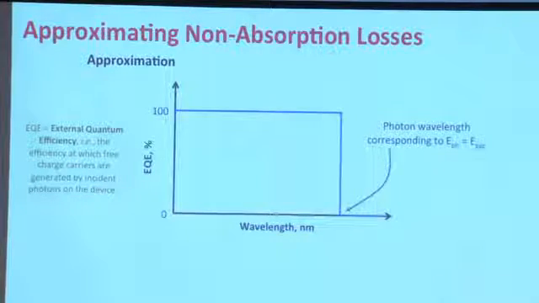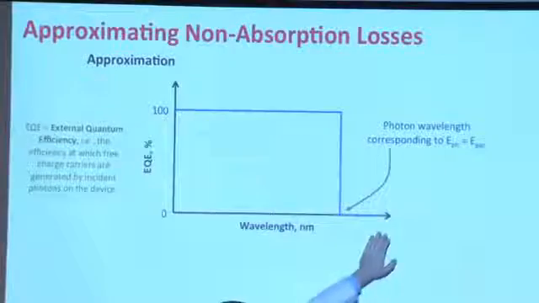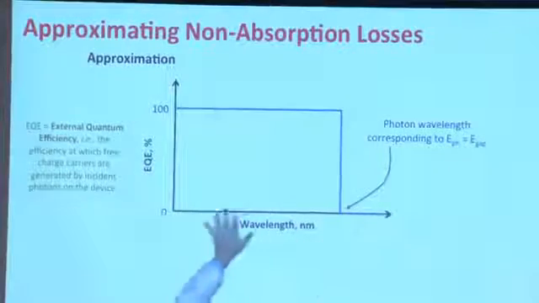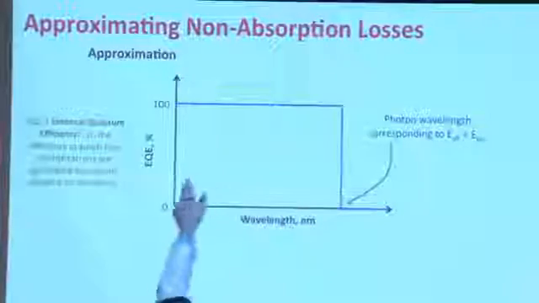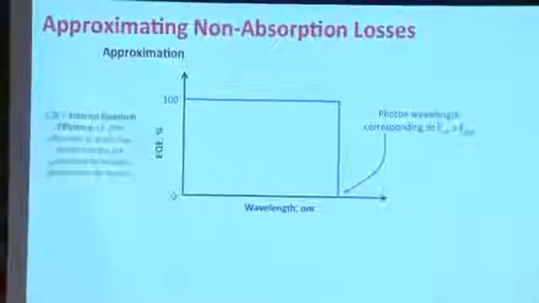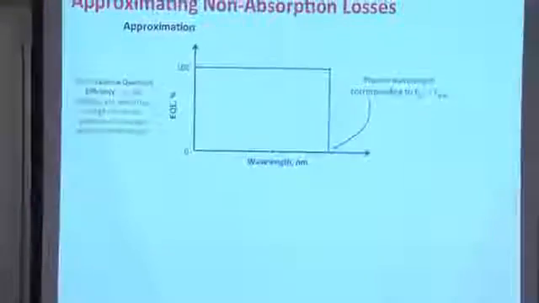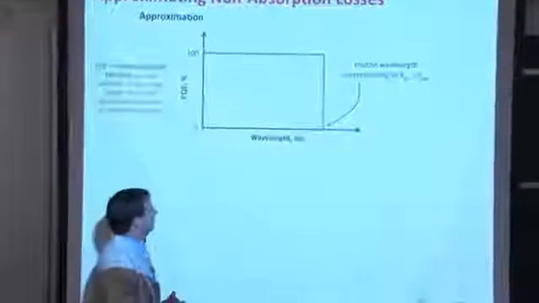If it has an energy less than the band gap, it will not be absorbed. And that's what this plot right here is representing. We have wavelength right here, longer wavelength, lower energy, smaller wavelength, larger energy, and at some point we have the turn on of absorption of our device because we have a band gap at that energy.